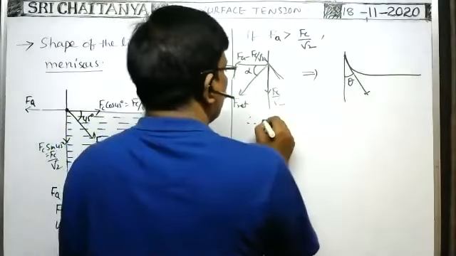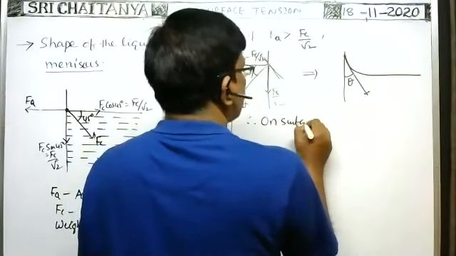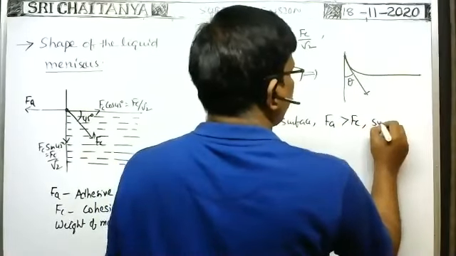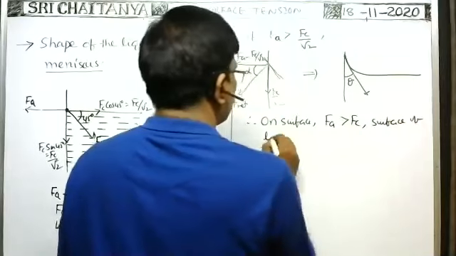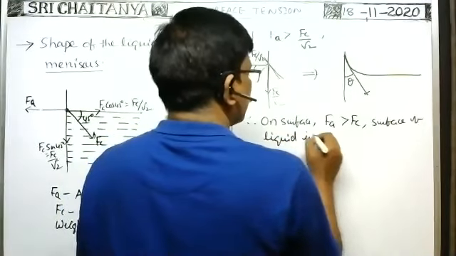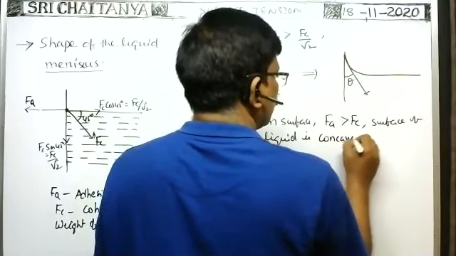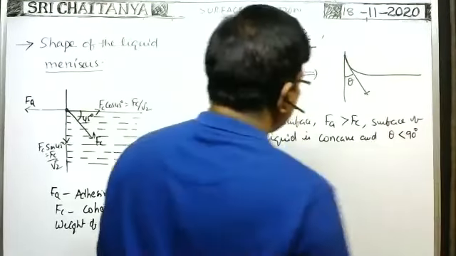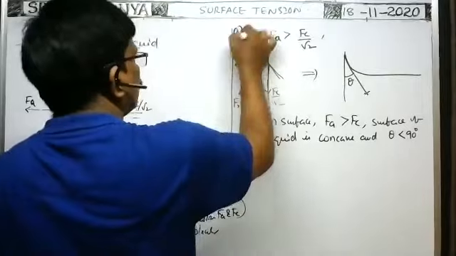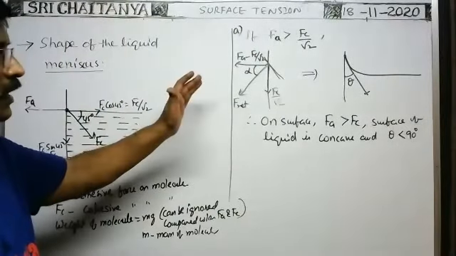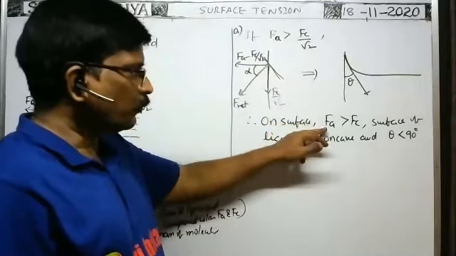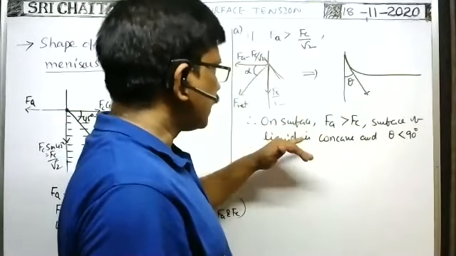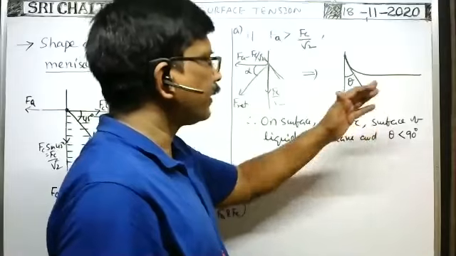So if adhesive force is greater than cohesive force on the surface of a liquid, then the surface of the liquid is concave and the angle of contact is less than 90. Okay, this is the first case.